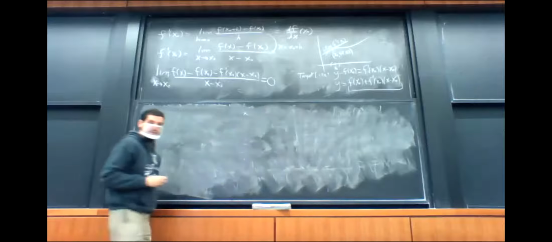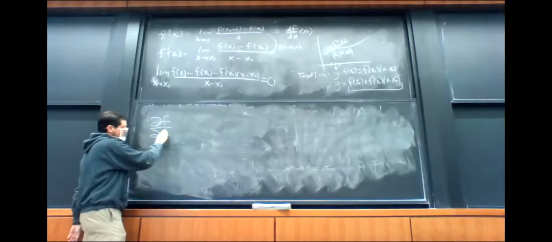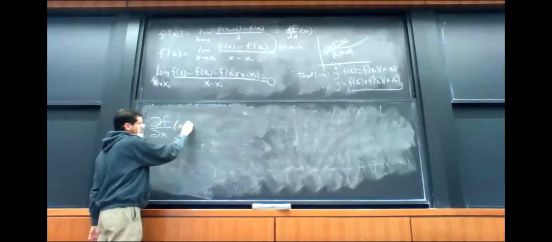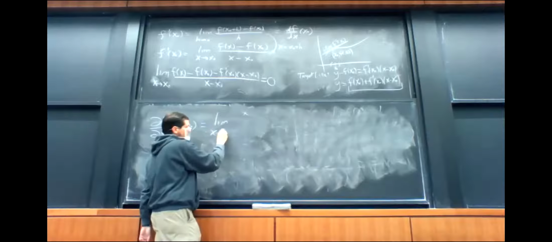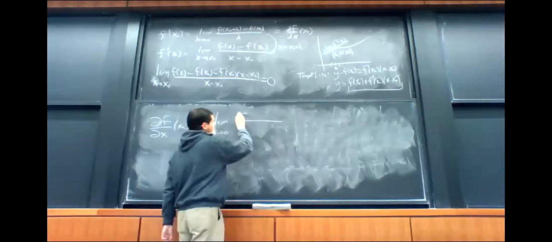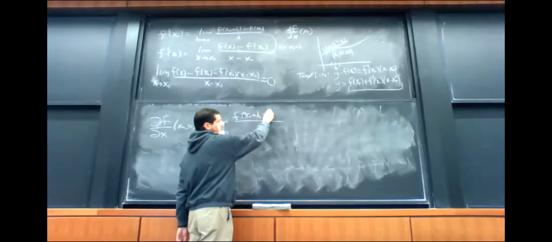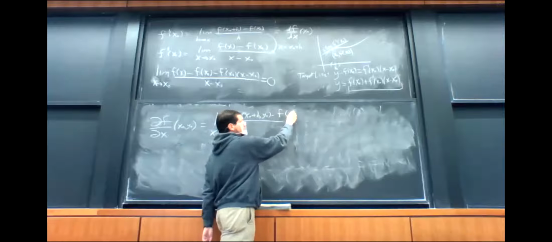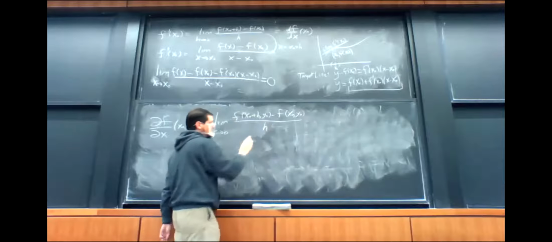And so if I want to do the partial derivative, you get df at the point x naught, y naught is the limit as h goes to 0 of f of x naught plus h, y naught minus f of x naught, y naught, over h.